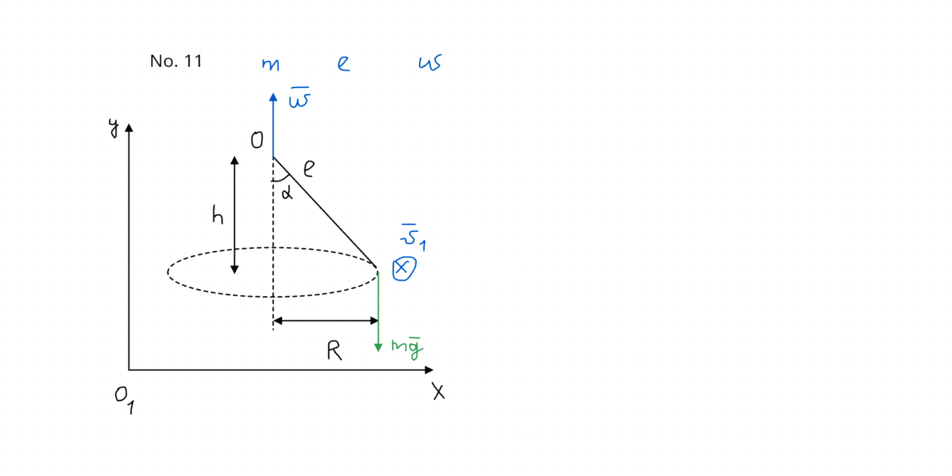What does prevent a ball from falling down? Rope density, something like that. Rope tension.